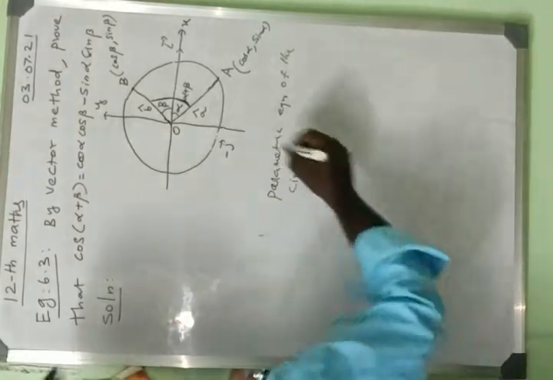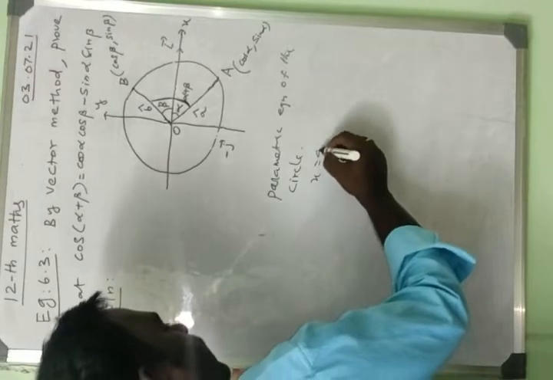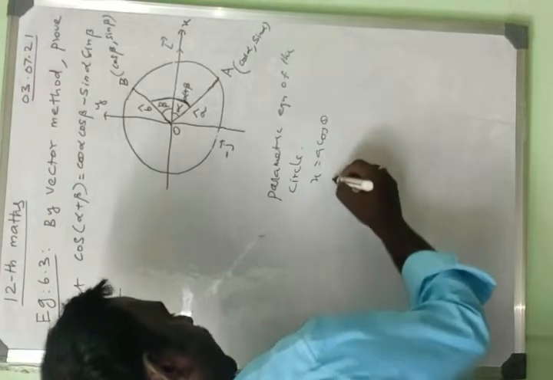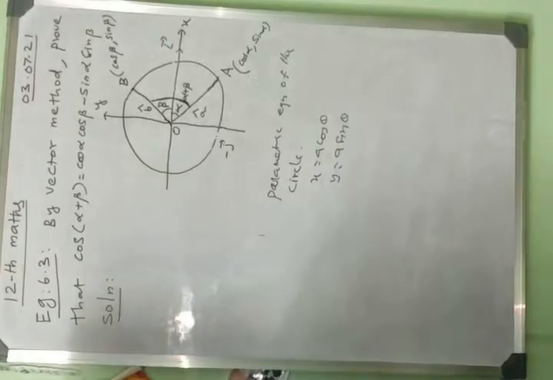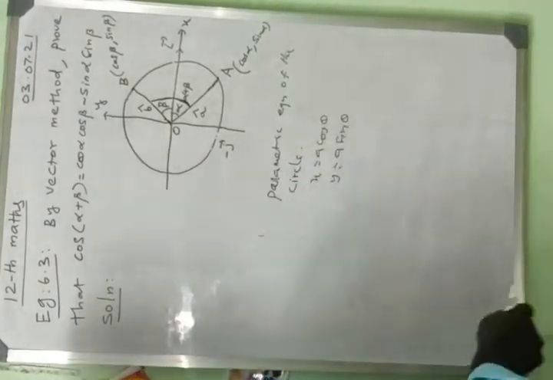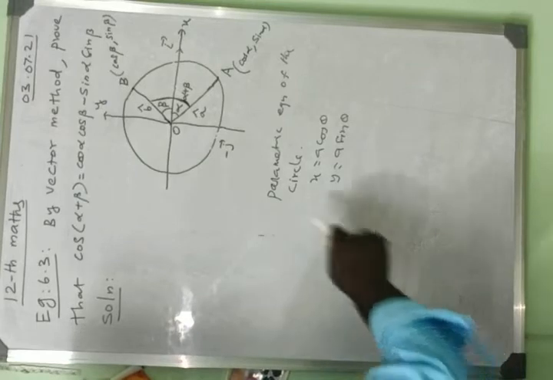What is the parametric equation of the circle? x is equal to a cos theta, y is equal to a sin theta.